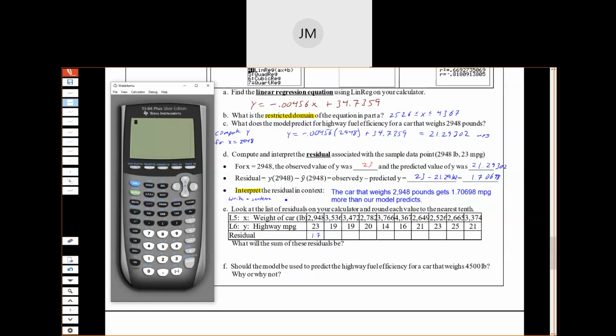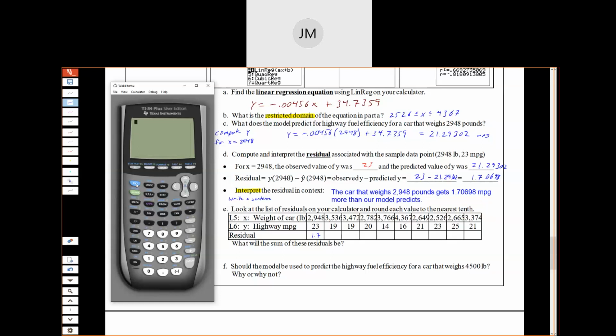Give me 1 second here. Okay, sorry. Here's where your calculator stores the residuals.